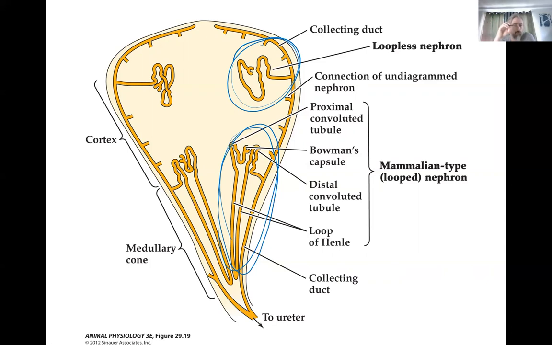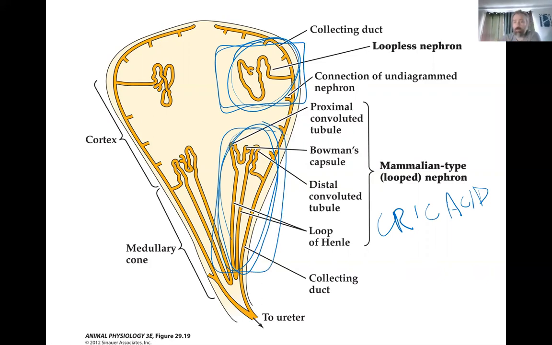They dump their kidney waste products, their uric acid, and other associated parts, into the lower GI tract instead, so into the colon rather than into a urinary bladder. The really big difference between a bird kidney and other reptiles is that other reptiles just have these kinds. Only birds have these mammalian type looped nephrons.